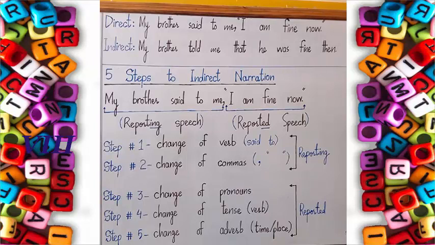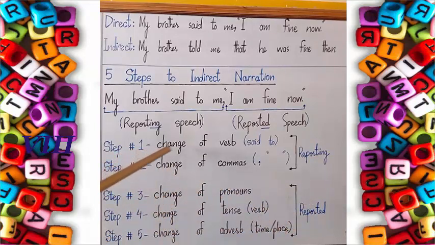I would further tell you, you can look at these 5 steps here. I have divided these 5 steps in 2. Step number 1 and step number 2 belong to reporting speech, while step number 3, step number 4 and step number 5 belong to reported speech.